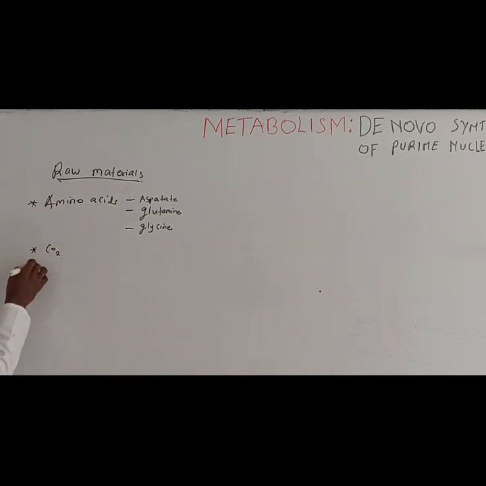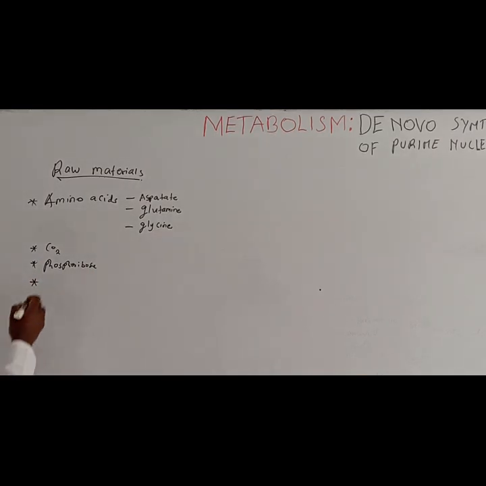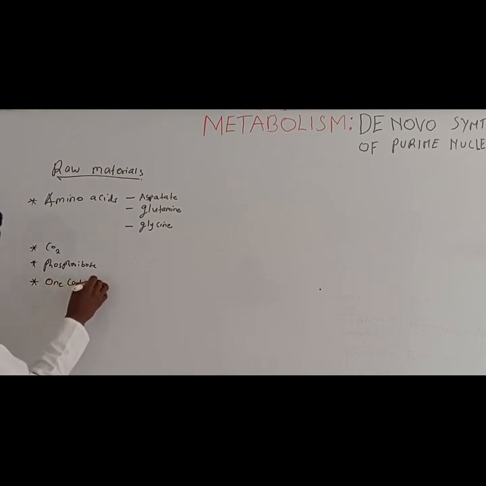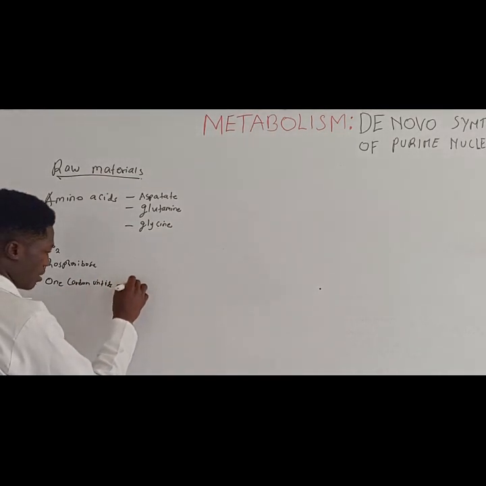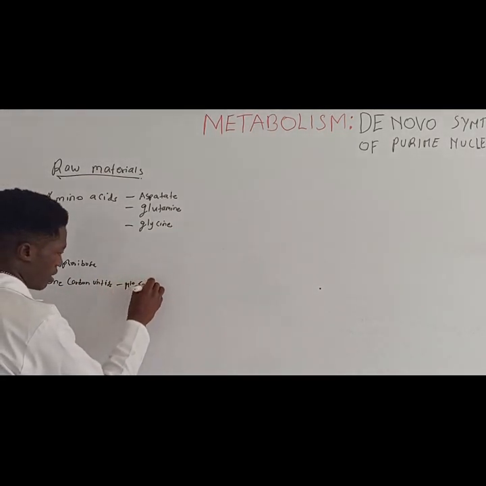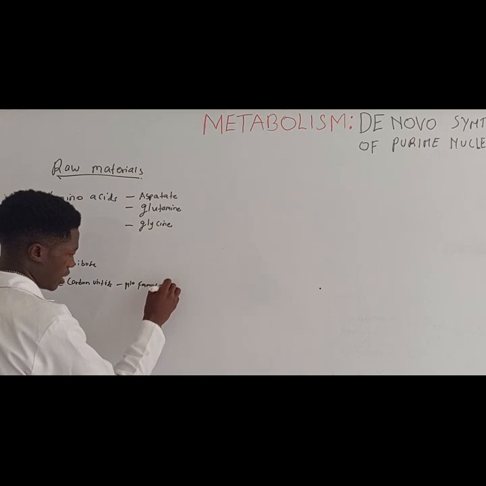Then, the next one, we are going to have phosphoribose. Then, the next one, we are going to have one carbon units, such as the N10 formyl tetrahydrofolate.